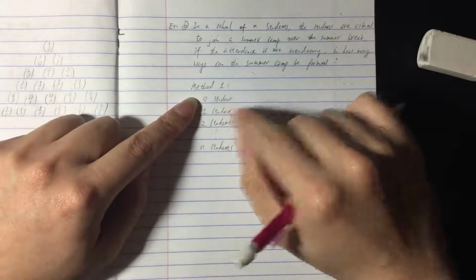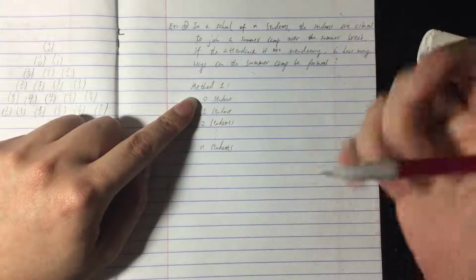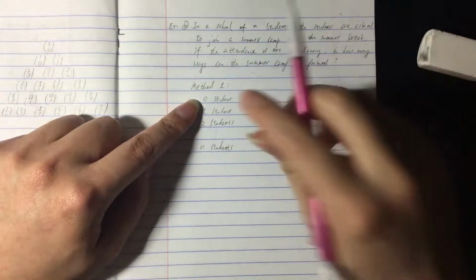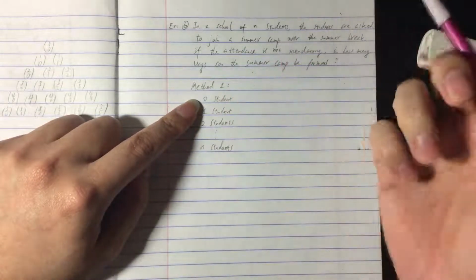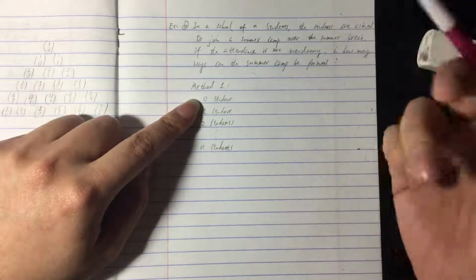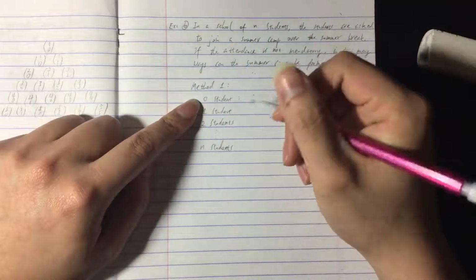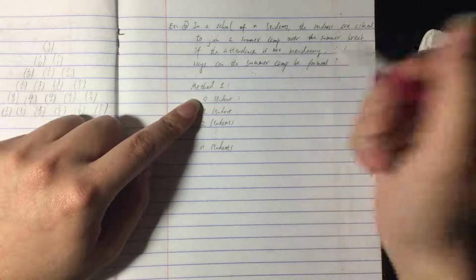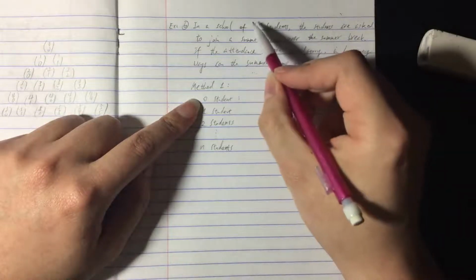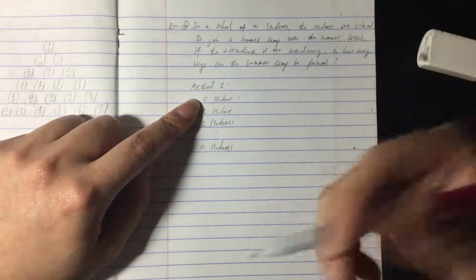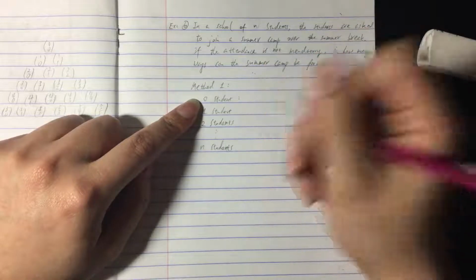If the summer camp has 0 students, in how many ways can the summer camp be formed? If there are 0 students, we are choosing 0 students out of n.